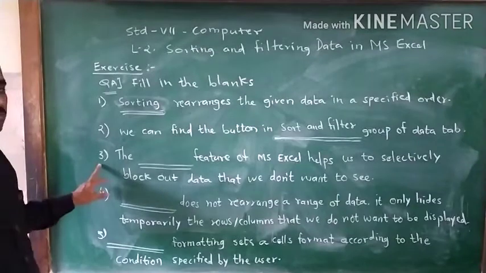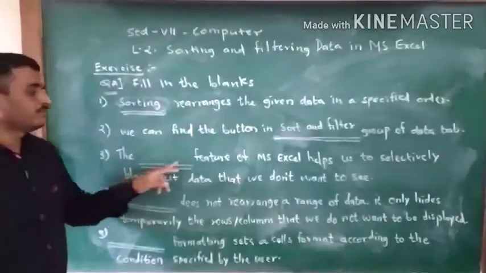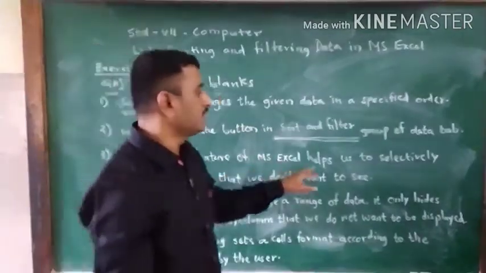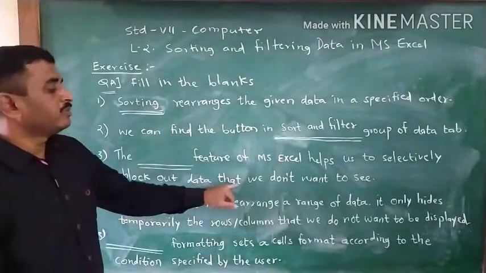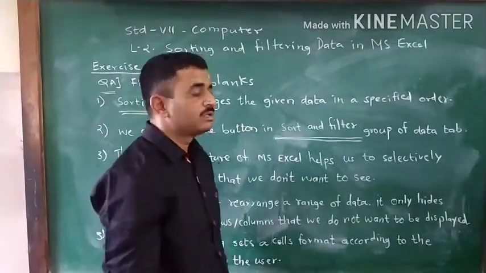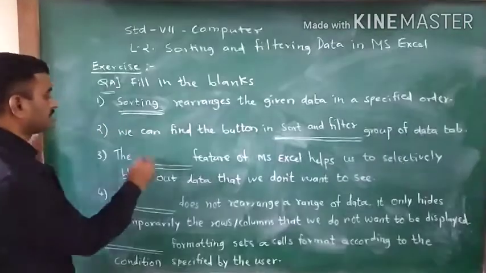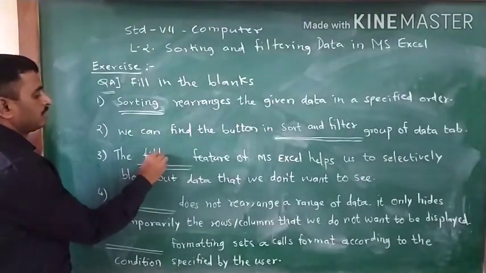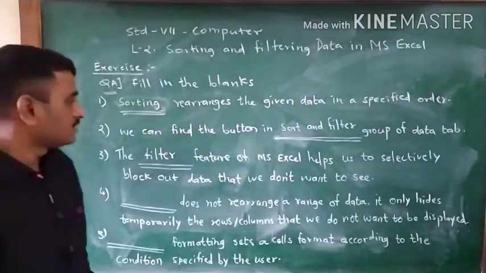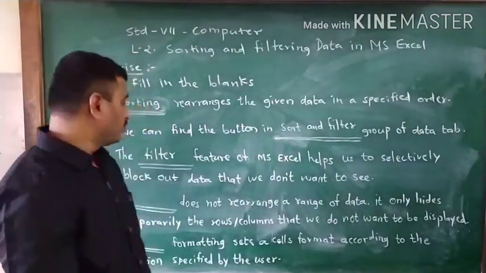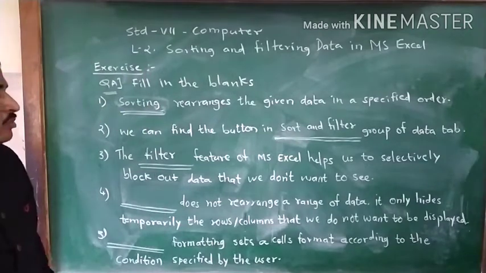Now next fill in the blank is: the dash feature of MS Excel helps us to selectively block out data that we don't want to see. So the answer is filter. Filter feature helps us to selectively block out data that we don't want to see.